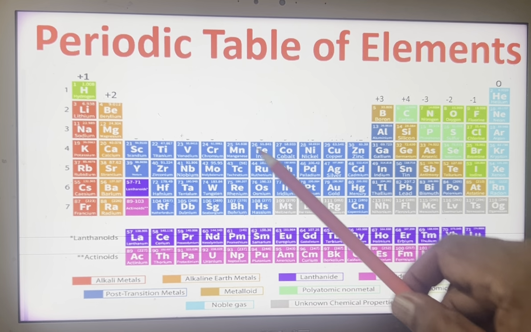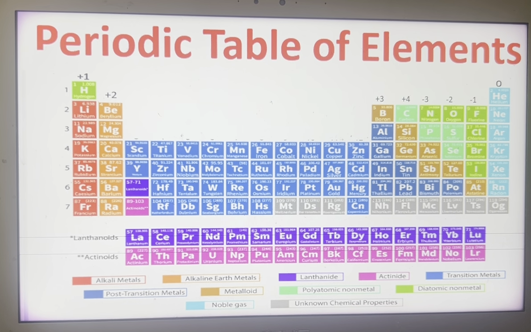Leave the transition elements, because they exhibit several, variable valencies. Third group, boron and aluminum, exhibit +3. Fourth group elements, carbon and silicon, are C4+ and silicon 4+.